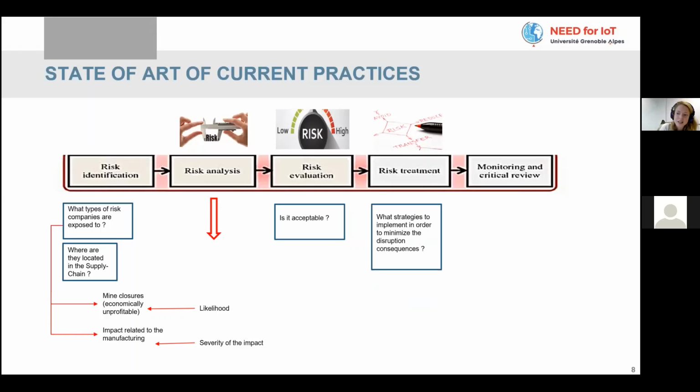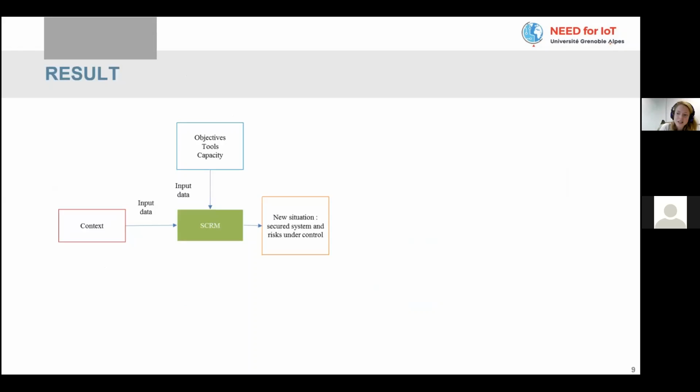So we have to monitor, to update my analysis. But this way of doing depends on the context, on the objectives, on the tools that I will use to identify and evaluate, and on the capacities of the company. We have financial capacities for the treatment and also the knowledge of the practitioner. So it's a very subjective study.